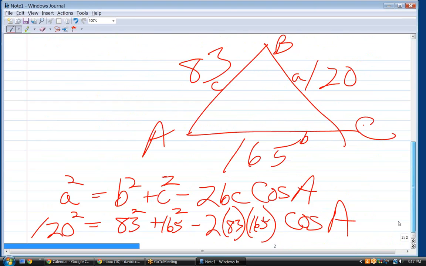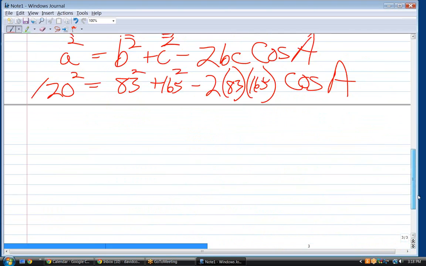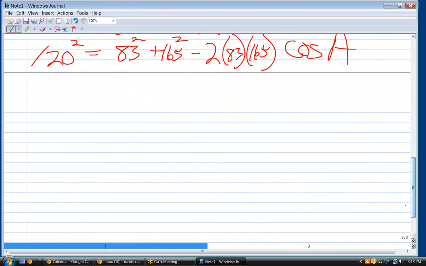We have only one variable missing. In other words, we know this, that's a number, that's a number, that's a number. The only thing we're missing is cosine of A.